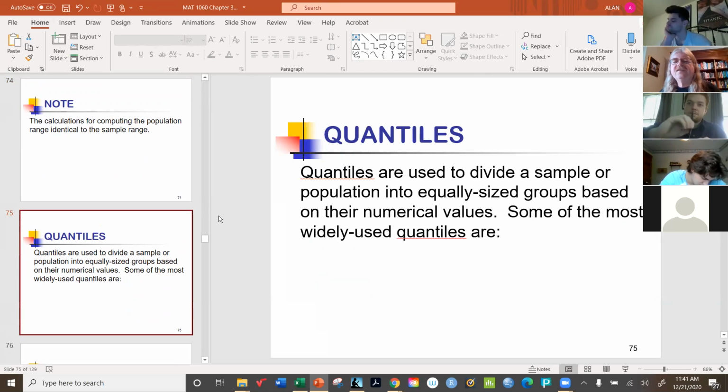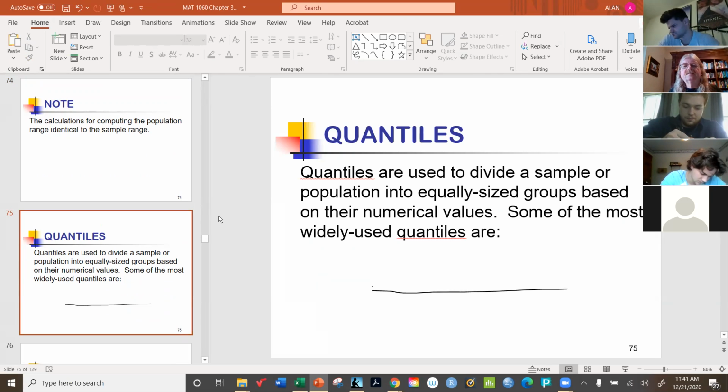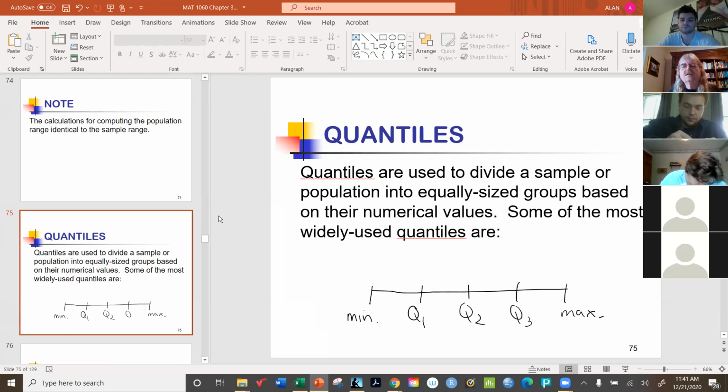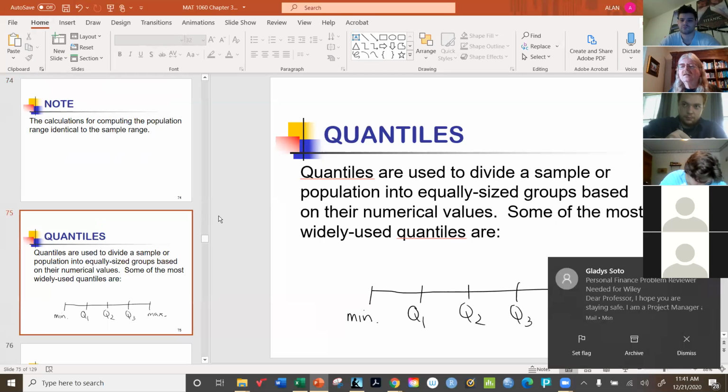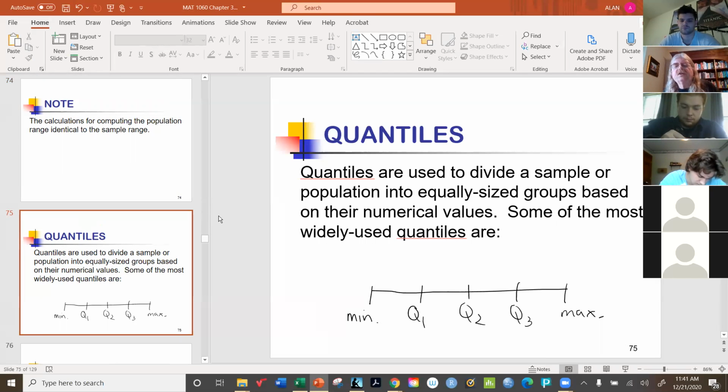Let me just show you a quick graph so you can see what this is all about. Here's your data. Here's the minimum value. Here's the maximum. We want to break it up into quarters, which I'm going to call Q1, Q2, and Q3.